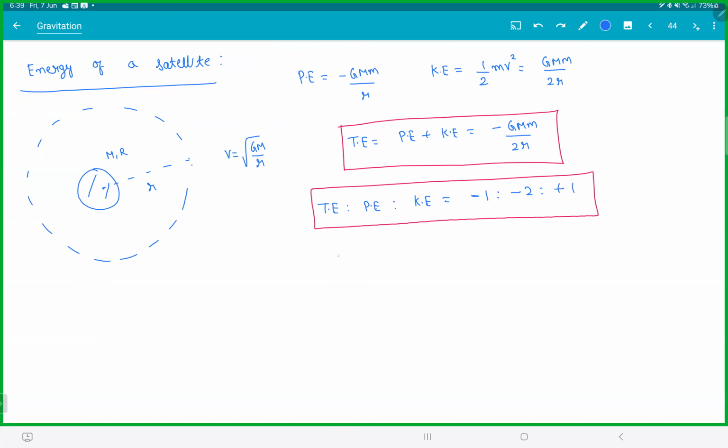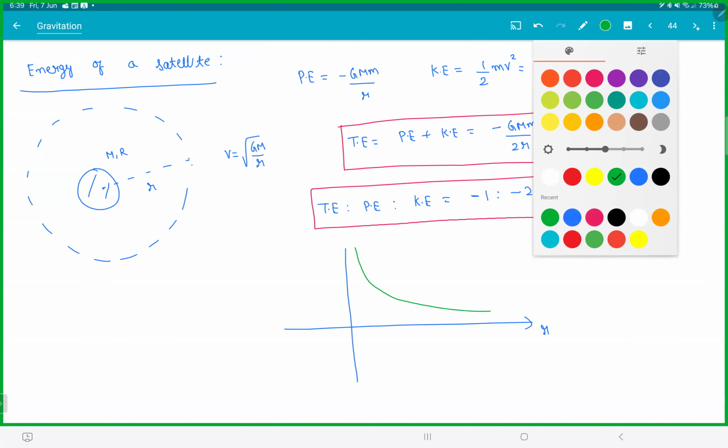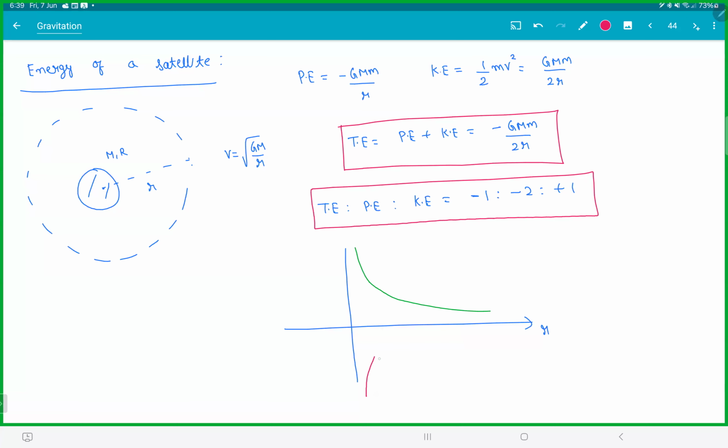And if you try to plot a graph for this, can you tell me which line is which one? What is the green line? Which energy? Potential, kinetic, total.